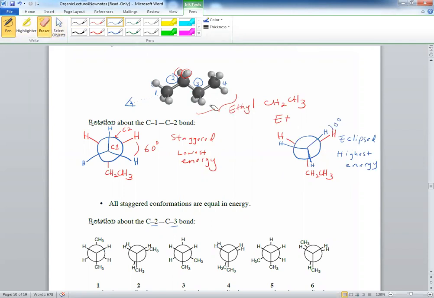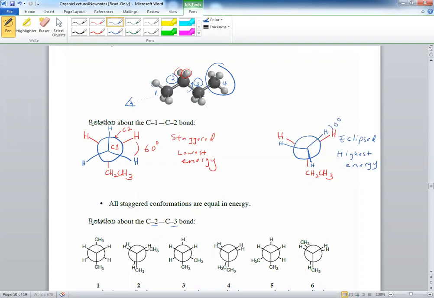If I erase this, upside. So if you look at this, you have 2 between C2, C3, so you're spinning right there. You have a methyl.